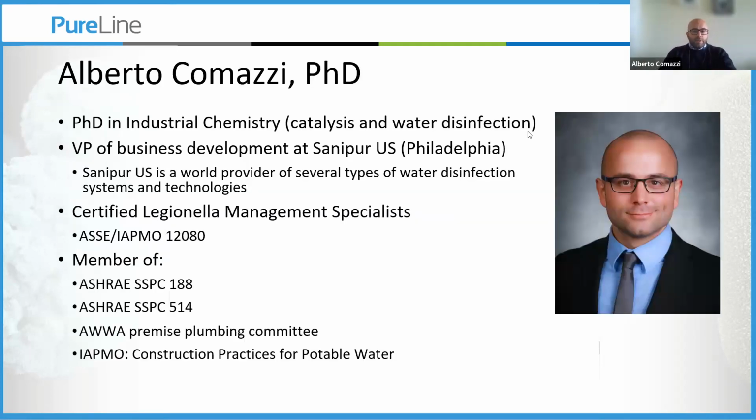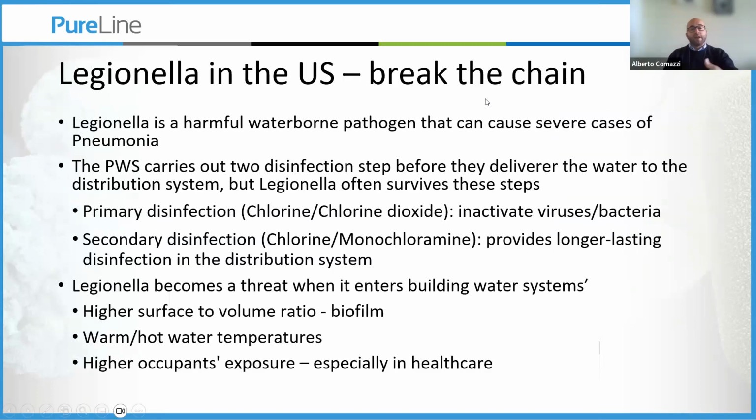So Alex already did the introduction, so I don't have to go over who I am again. So let's just get started with the Legionella part. I think that at this point, there has been enough discussion in the United States about Legionella. So I'm pretty sure that everybody knows what Legionella is, a harmful waterborne pathogen.